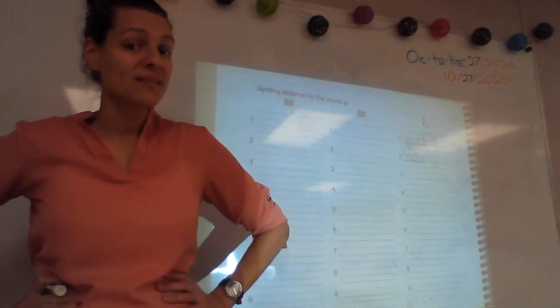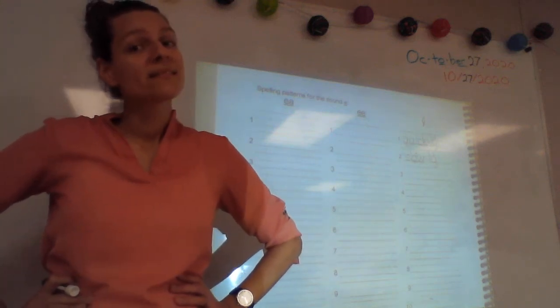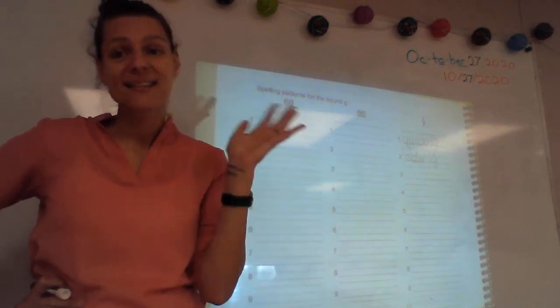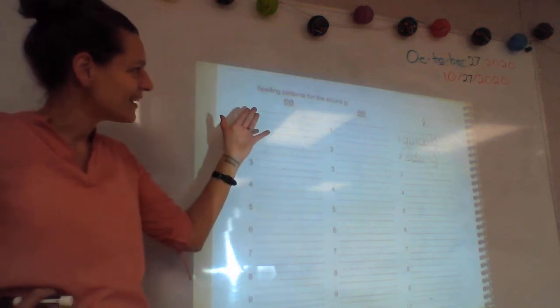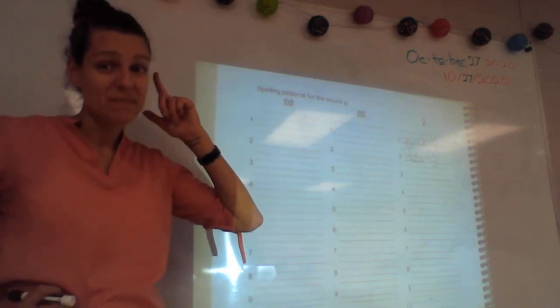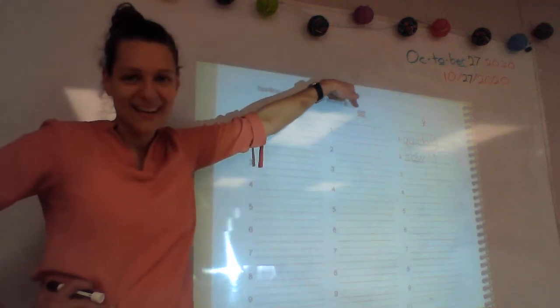Which E did we use in feet? All right, what is it, class? Good, E. So find it, put your finger on that column that has E. There it is.